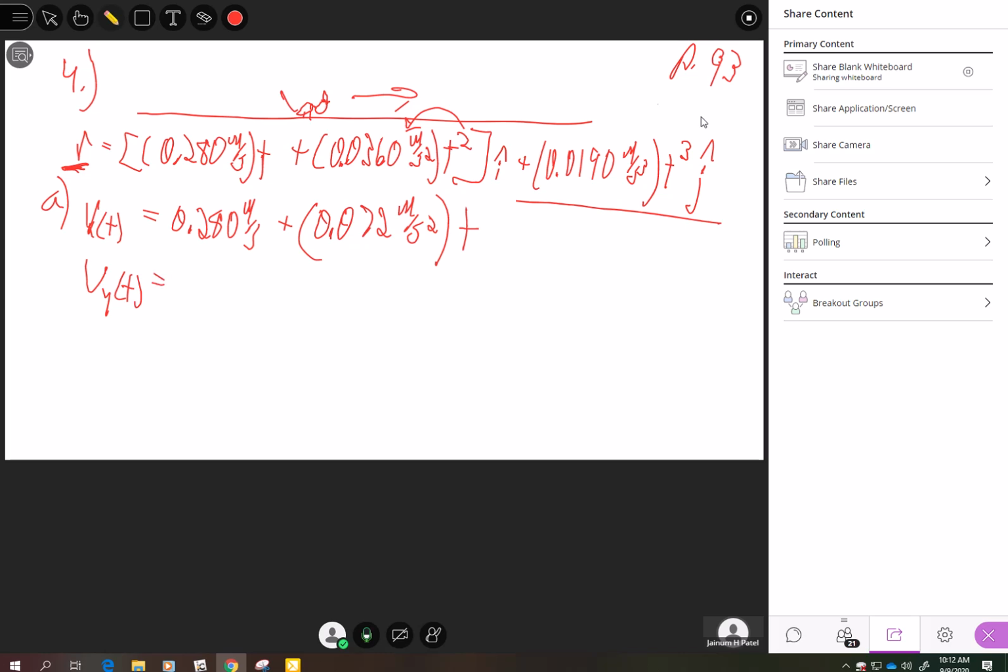So we got velocity in the Y with respect to time. Well, we take the first order derivative. So 3 times 0.0190 is going to be what? Let me make sure I give you the right answer here. Yeah. So we multiply 3 times that value, and we get 0.057. How'd I get that?